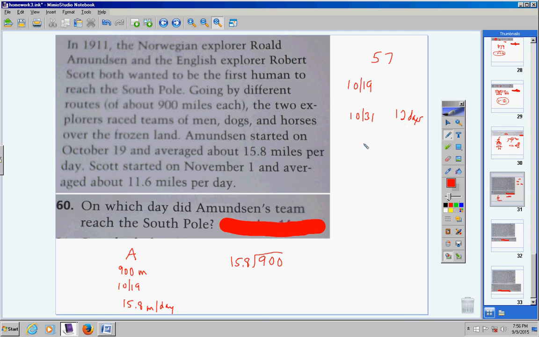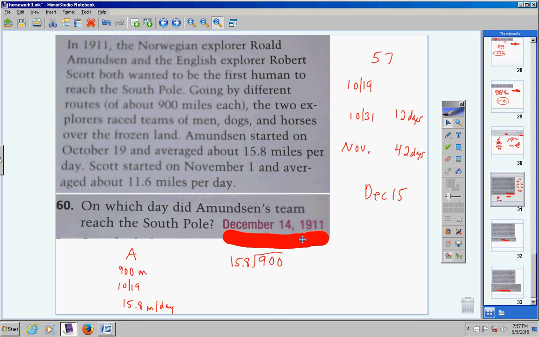Then all of November is 30 more days. So from here to here was 12 days. Add 30 more days, that's 42 days. And now we have 15 days left, right? He's at 42 days. He made it in 57. So 15 days later, that would be December 15th. I hope that's right. December 14th. Yeah, I guess it all depends on if you round up or down on 56.9.